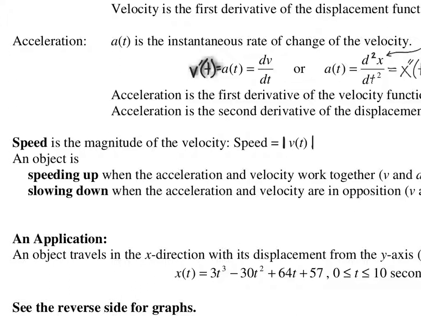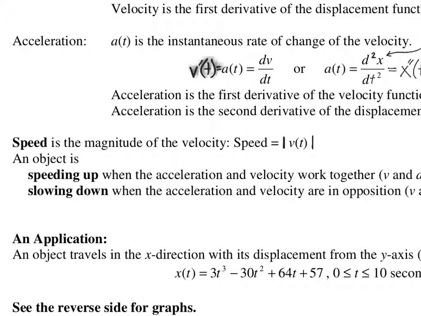That's a simple thing, but please be careful about what you're being asked to find. Read the question carefully. If they ask for a speed, you shouldn't have any negatives. If they ask for a velocity, you just do the derivative and give what it gives you.